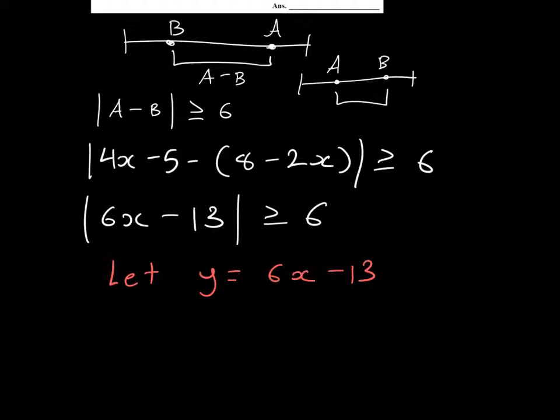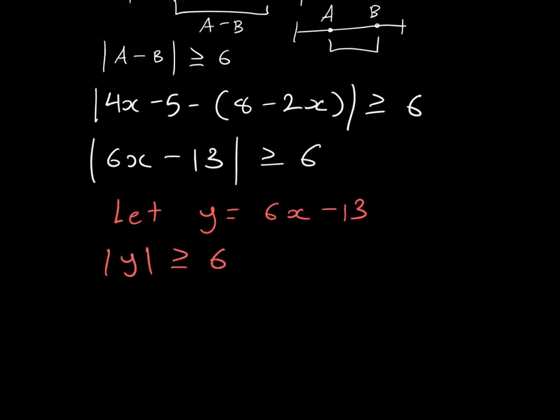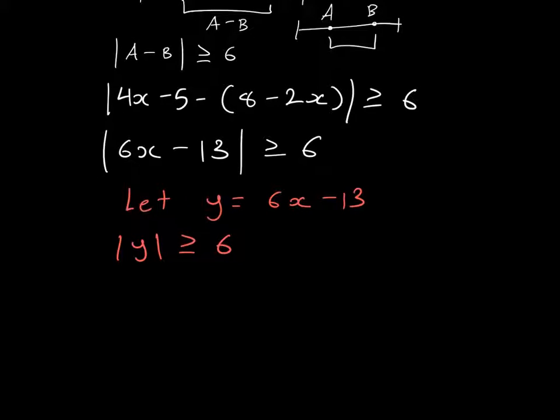So, the absolute value of y has to be greater than or equal to 6. So, let's see if y is greater than or equal to 0. Then you'd have y by itself is greater than or equal to 6.